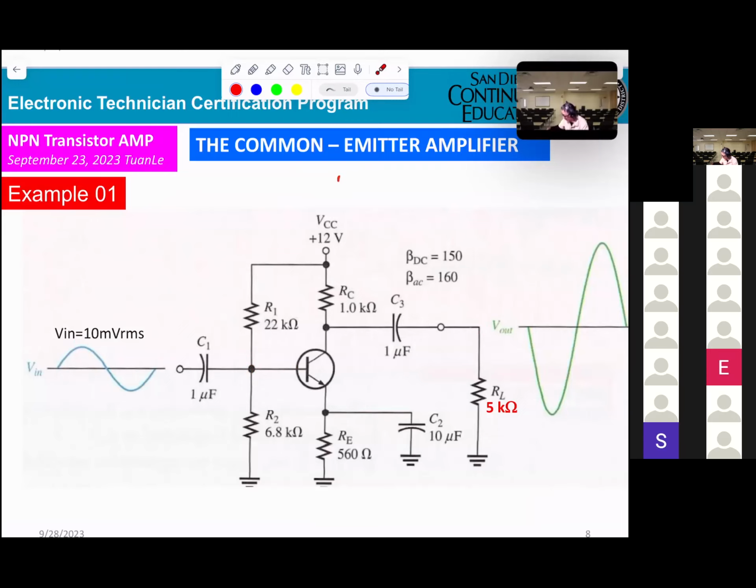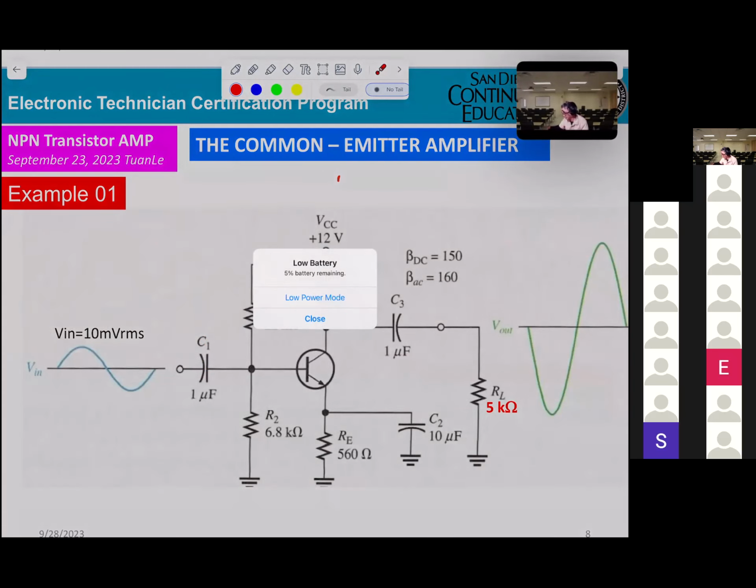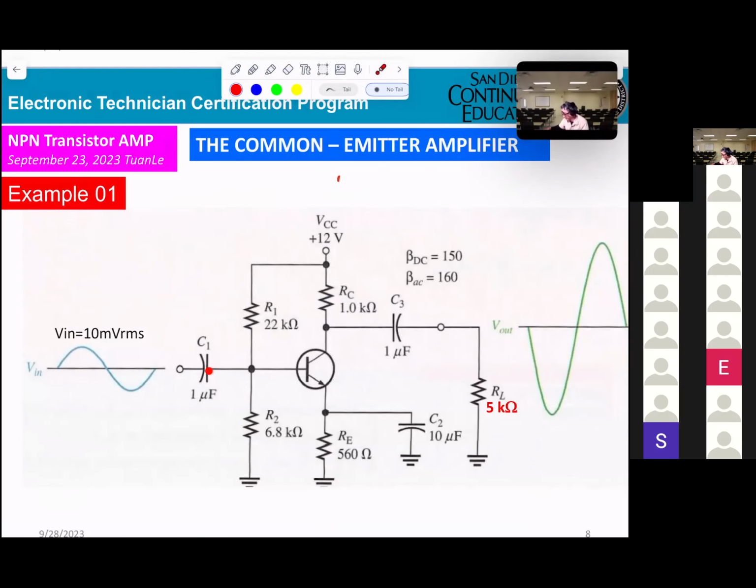Input up, output down. That means output and input are opposite, or 180 degrees out of phase. Okay? C1 is a blocking capacitor. Okay? DC blocking.